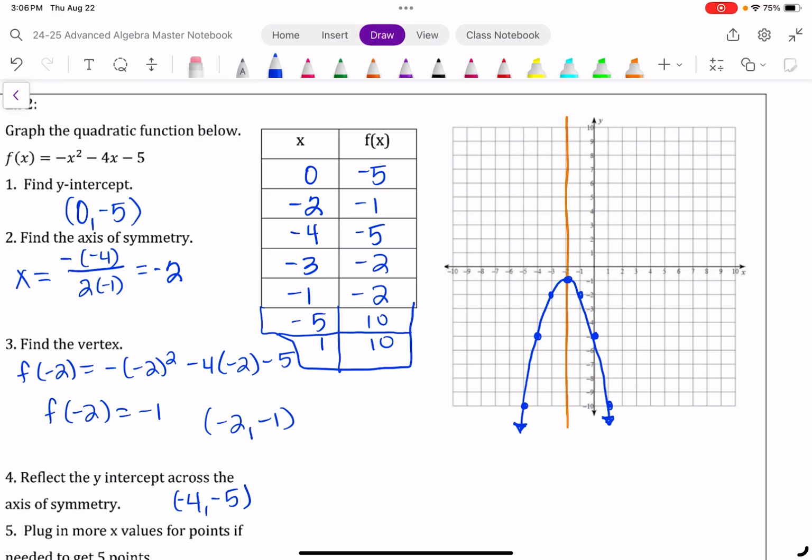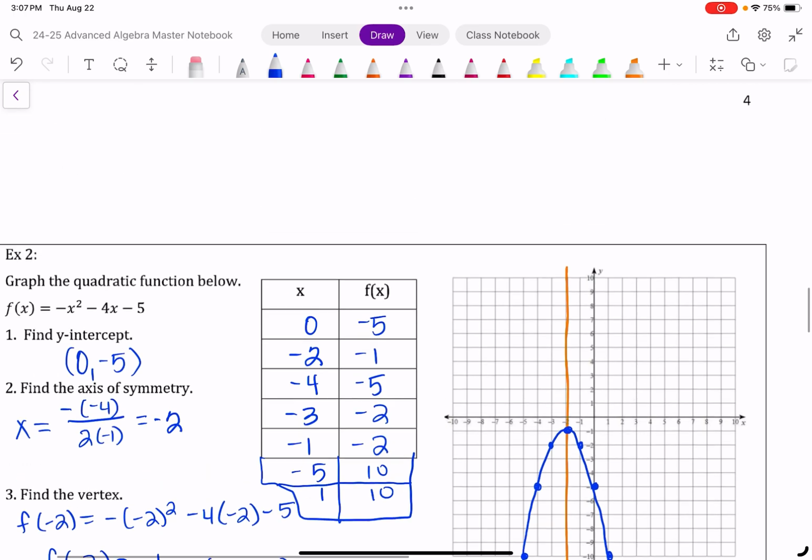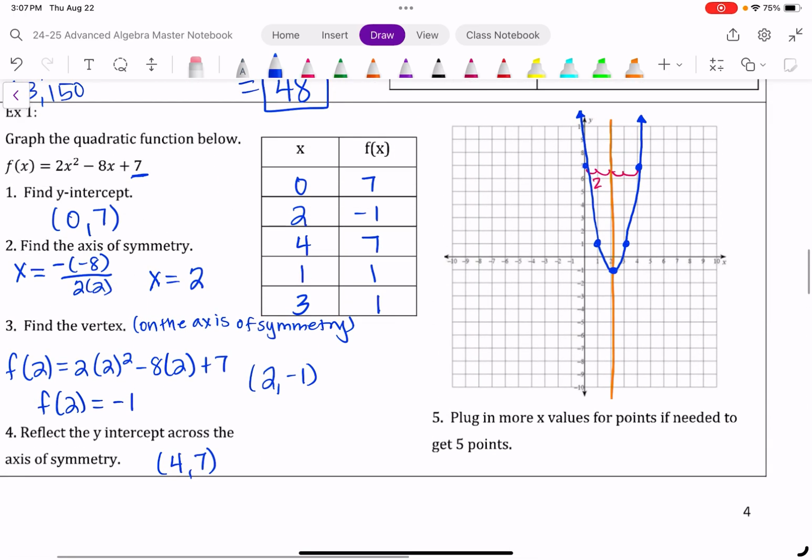Did you notice that this one opened downward, where the other one opened upward? Downward opening. And if you go back to the previous page, this one was upward opening. What causes that?